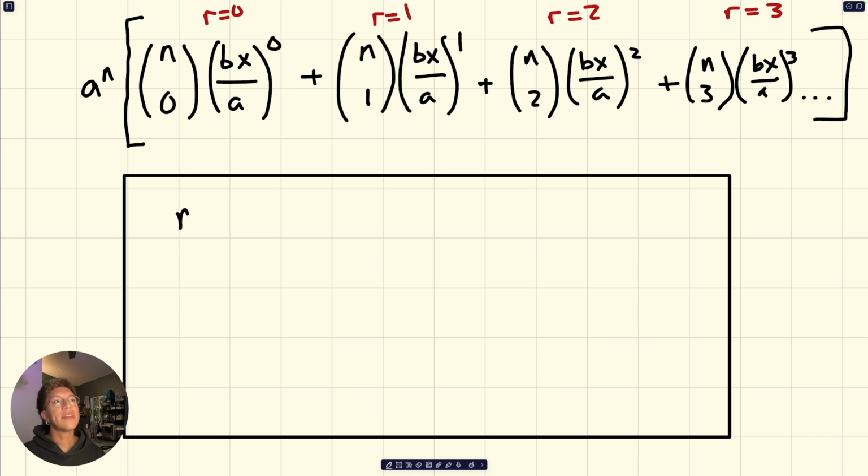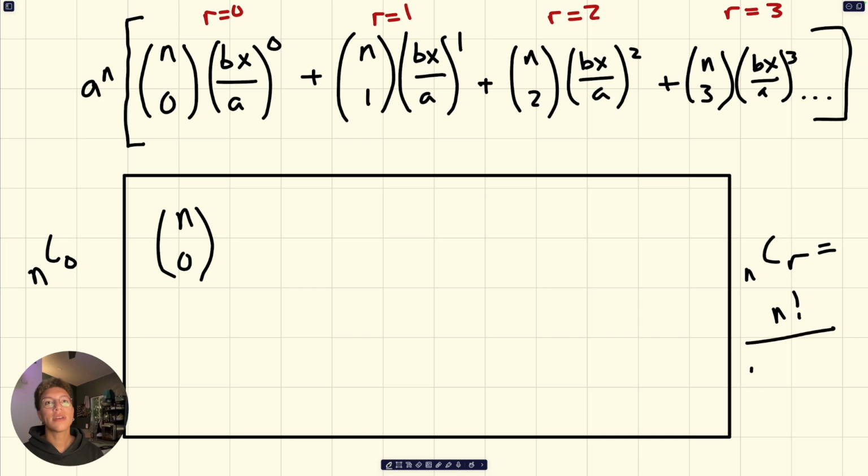So if we have n choose 0, we're using our n choose r formula. n choose r has the formula n factorial over r factorial times n minus r factorial. So this is going to be equal to n factorial, where n is n and our r is 0.